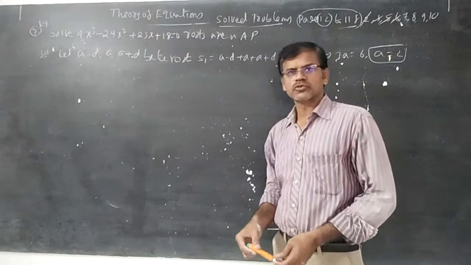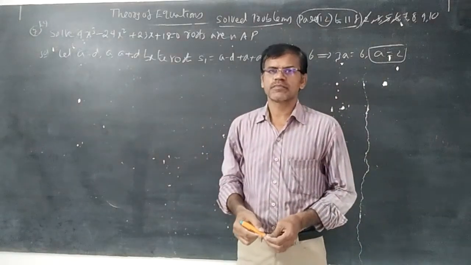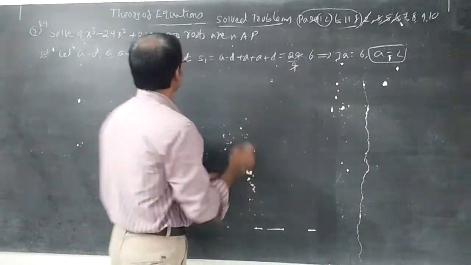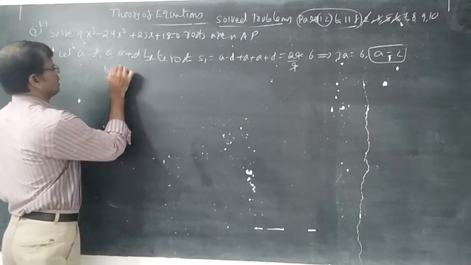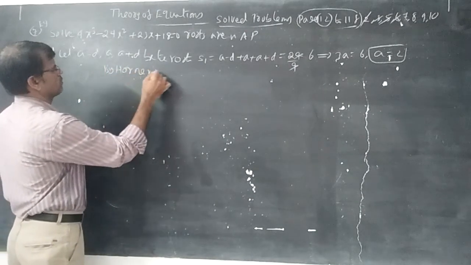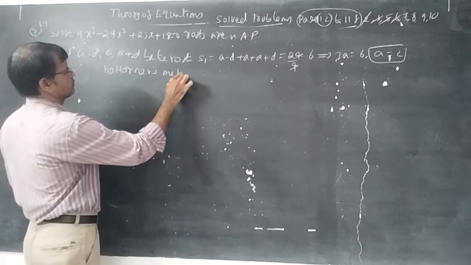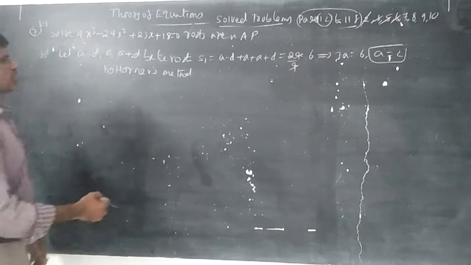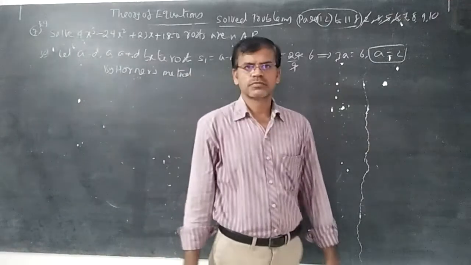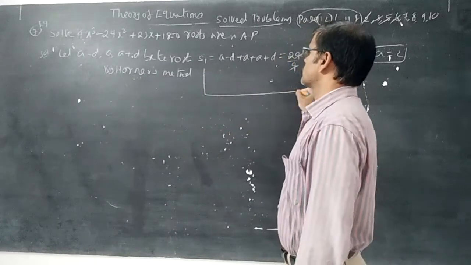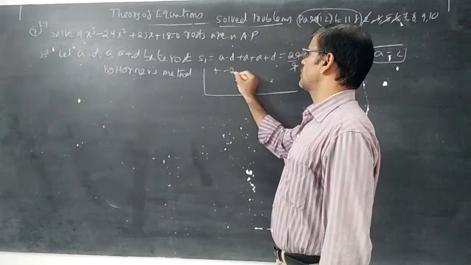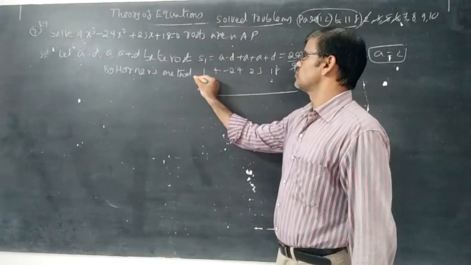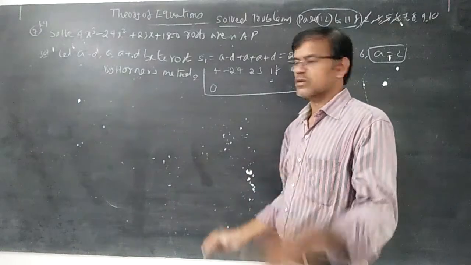Whenever a is equal to 2, we can use Horner's synthetic division method. By Horner's synthetic division method, we can write here, divide with 2. Put like this: 4, minus 24, 23 and 18. Here 2 is a root, put here 0, with 1 root I am dividing.